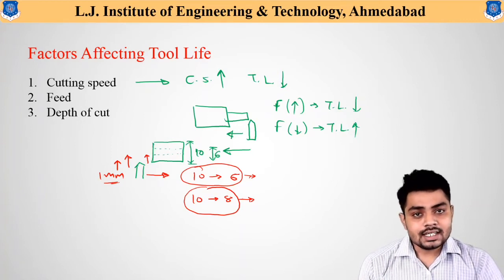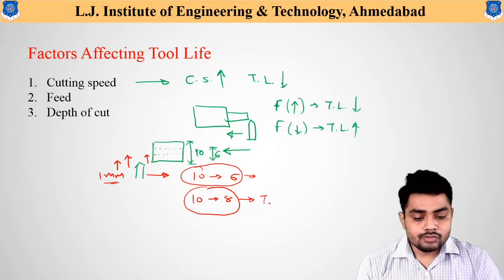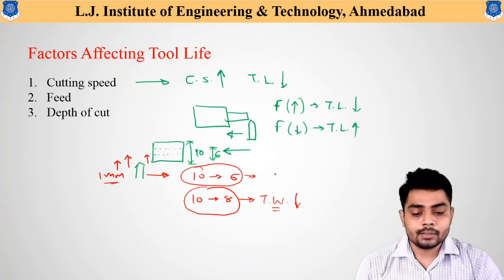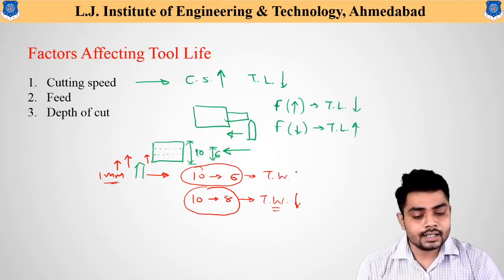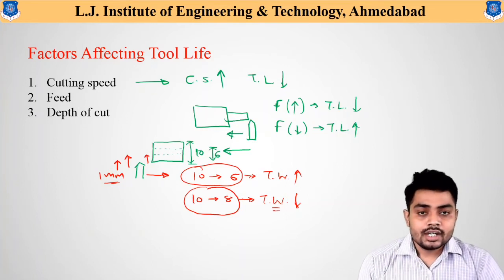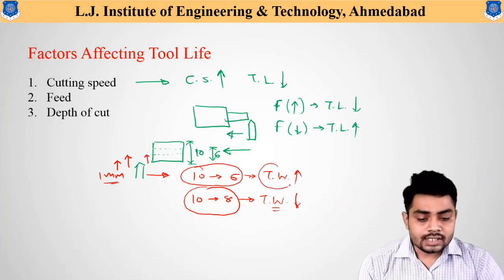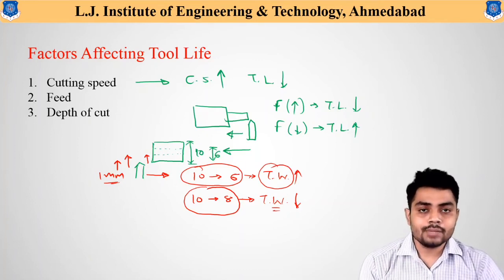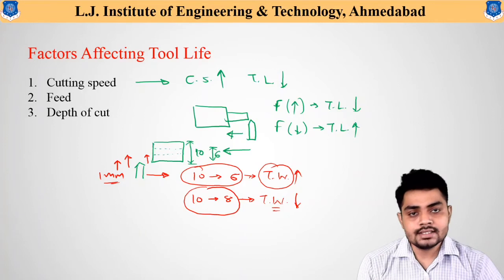So as we can see, the tool wear is comparatively lower in the case of removal from 10 to 8 mm, and tool wear is larger from 10 mm to 6 mm. So if tool wear is more, that means tool life is lower, and if the tool wear is smaller, that means tool life is more.